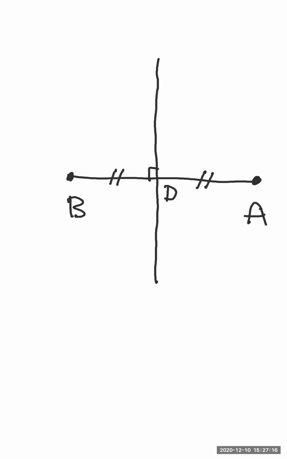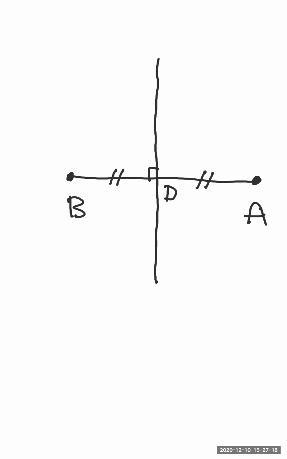If this one is A and this one is B, the axis of symmetry of this line is perpendicular to this line and also passes through the middle. So the point D will be at the middle of AB, so this one equals this one.